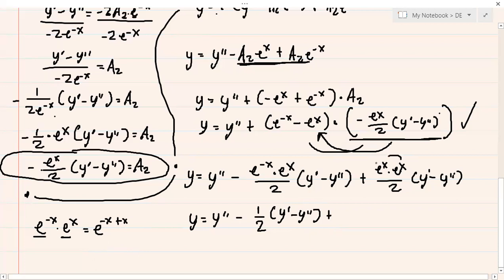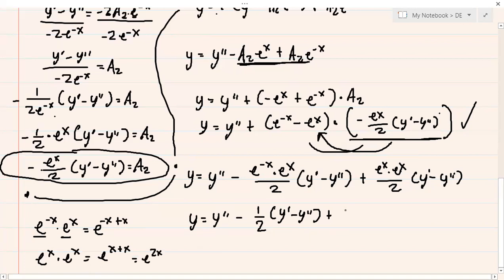Then this one is the same tactic. If you multiply two terms that have the same base and exponents, we will have e raised to x plus x, so it becomes e raised to 2x.